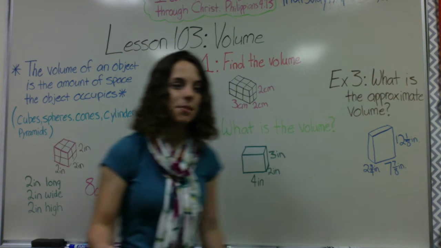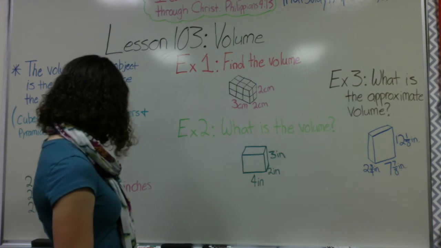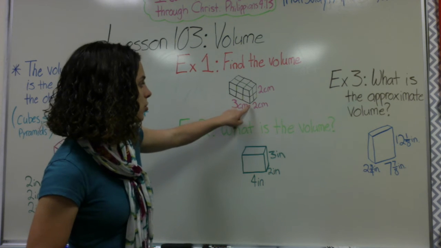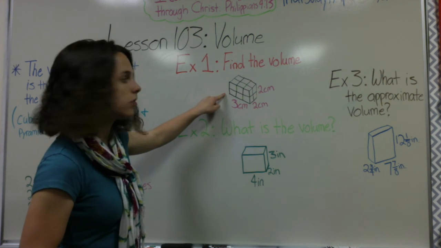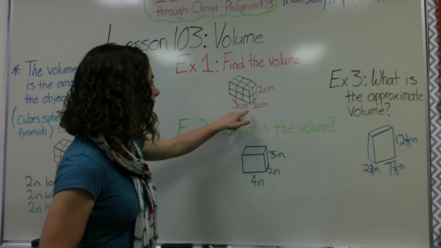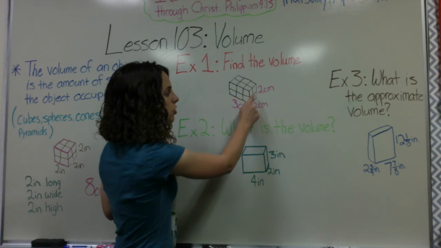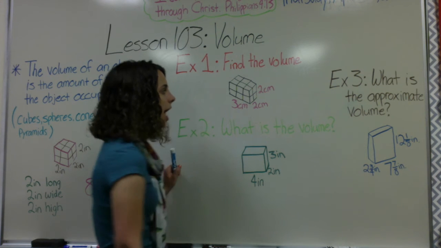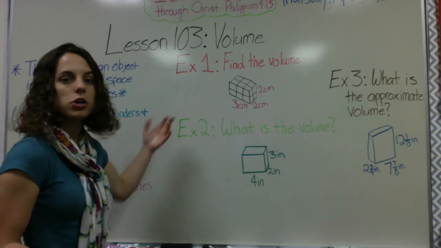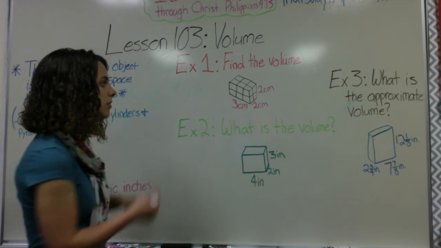We're going to go ahead and look at example 1, and hopefully you'll be able to understand that one a little better. We'll do blue on this one. I have 3 cubic centimeters long. That's the length. So there are 3 little cubic boxes here. I have 2 cubic centimeters wide and 2 cubic centimeters high. So I'm going to multiply these 3 numbers together in order to find the volume, and to find out how many cubic units take up my rectangular solid.